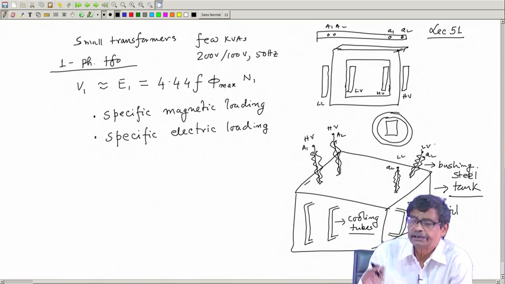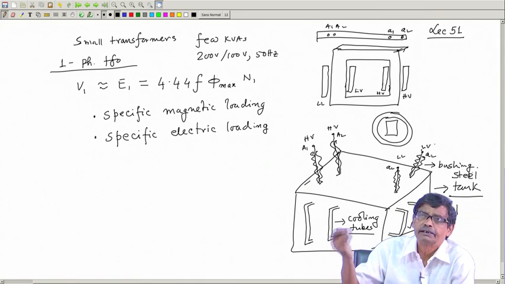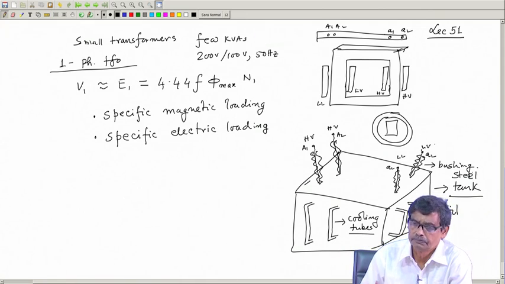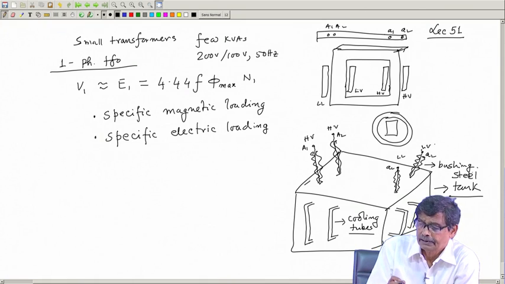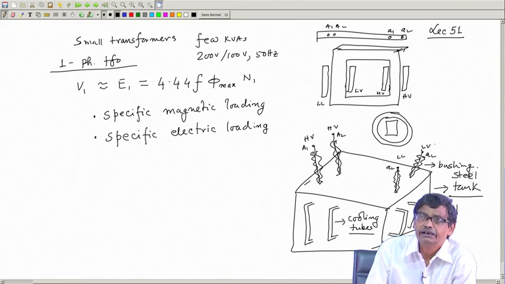It is this temperature rise that limits, that puts the condition, that okay, this is the current rating, because if the temperature is allowed to rise more, for example, if you overload the transformer, then your windings may be spoiled, your insulations may be spoiled and things like that will happen. Anyway, so we will try to see all these things.